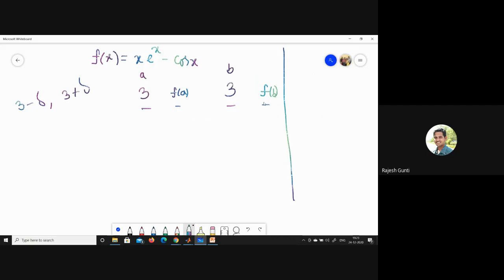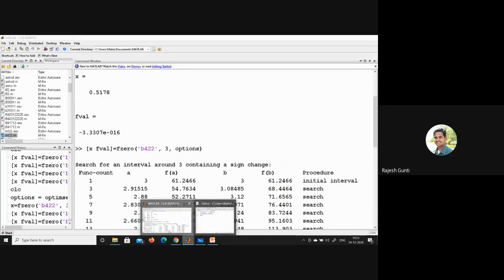If the sign of f of a is opposite to the sign of f of b, it stops the process. Otherwise, if both have the same sign, it takes 3 minus 2 delta and 3 plus 2 delta. This process will continue until f of a and f of b are of opposite sign. That is what it is doing here.